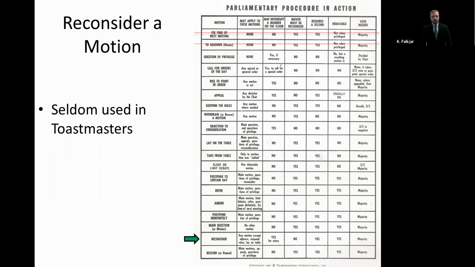Reconsider a motion. This is seldom used in Toastmasters, although what it would be used for is to reopen debate on a motion that had orders of the day called, for instance, and had been closed.